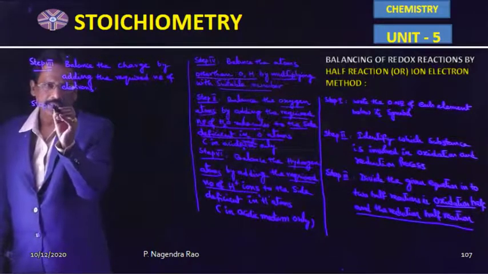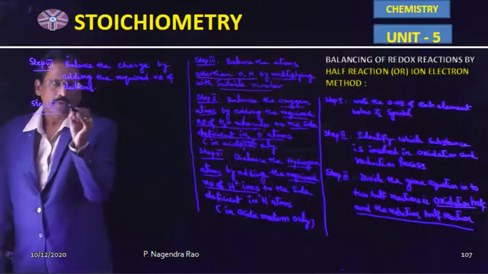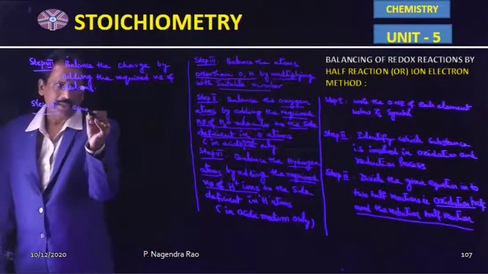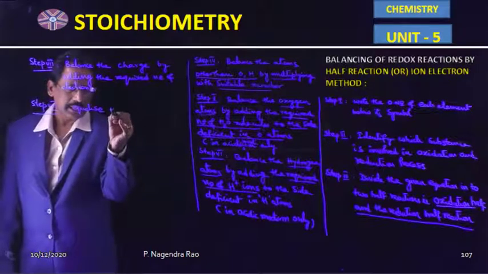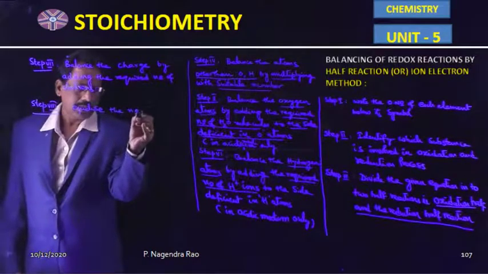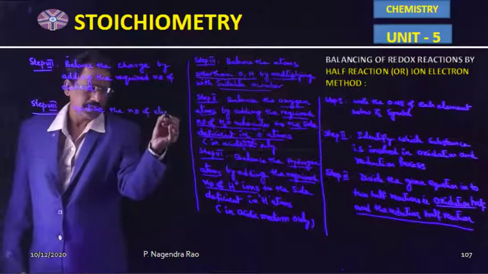After that, the next step is to equalize the number of electrons.